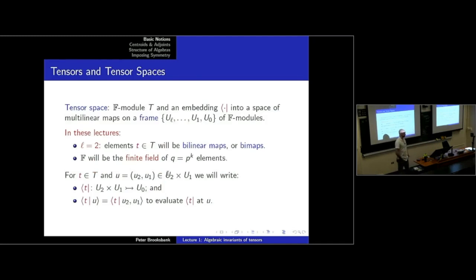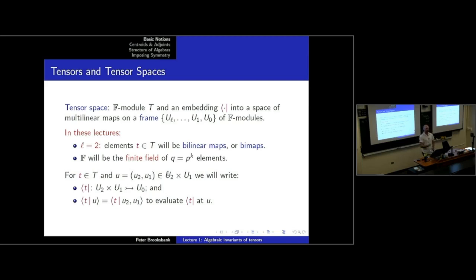Again, this is reiterating some notation that you saw yesterday in a couple of different talks. We're going to use this bra-ket notation. The bra is going to be an interpretation of what we'll call a tensor as a multilinear map, and then the ket is going to be evaluation of that tensor at some fixed element of the frame.